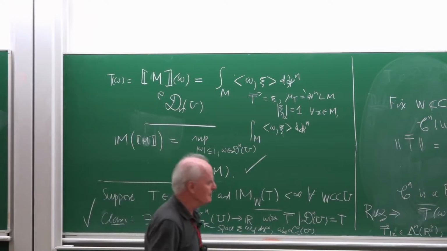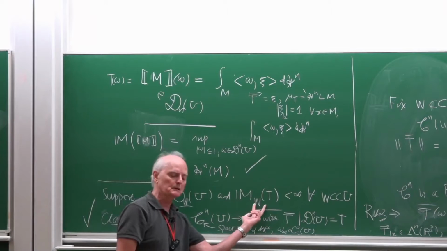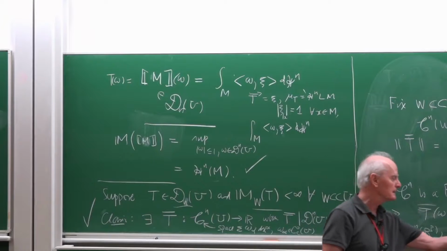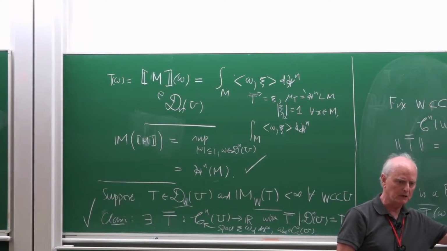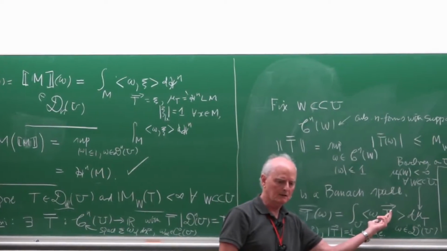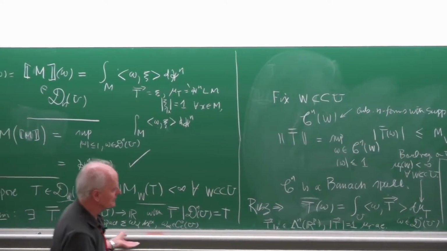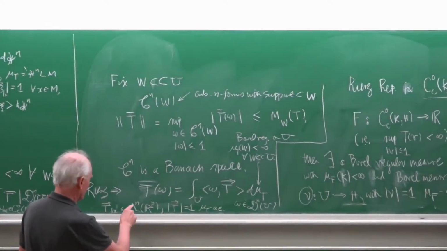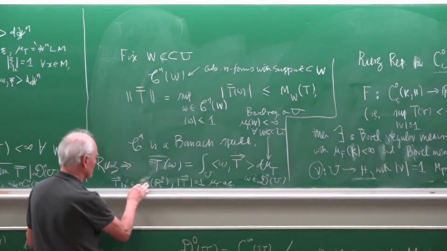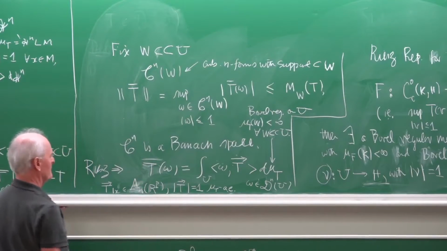It says that even in the very general setting of currents, as long as you make this assumption that the local mass is finite, then you do get this explicit representation in terms of integration against a measure and dual pairing with a unit vector. This is T arrow, sorry, I said this wrong. We're taking the dual pairing here, so this is an n-vector, not an n-covector, so it's in lambda sub n R^p.